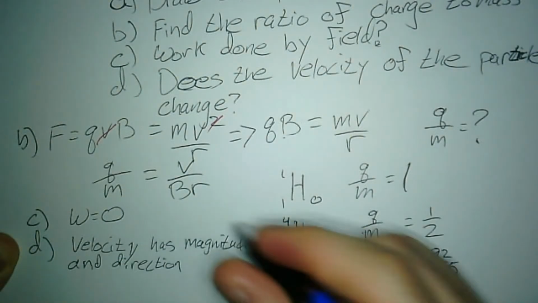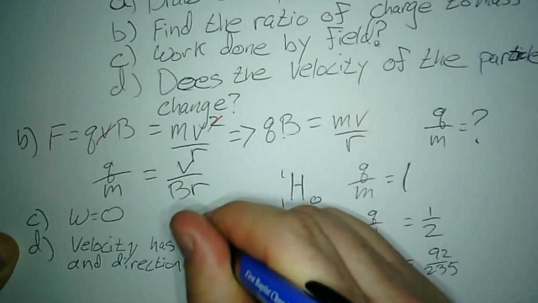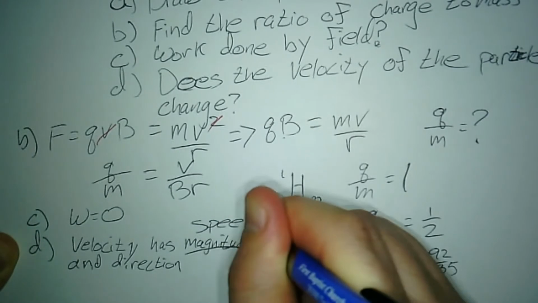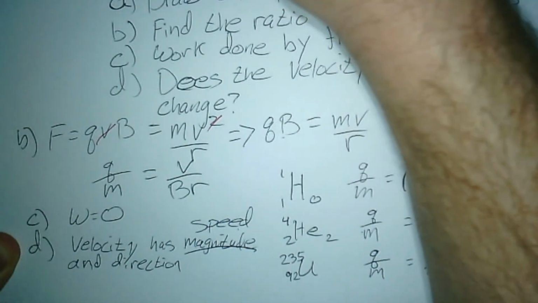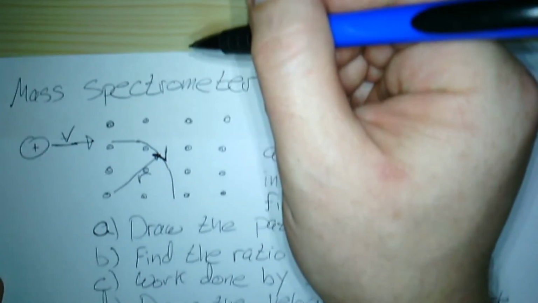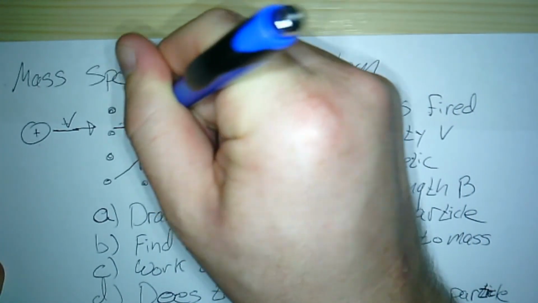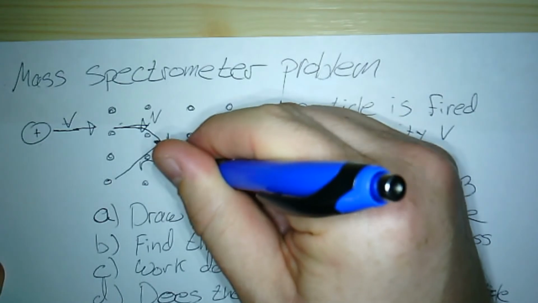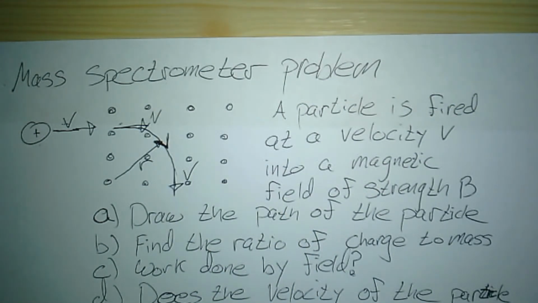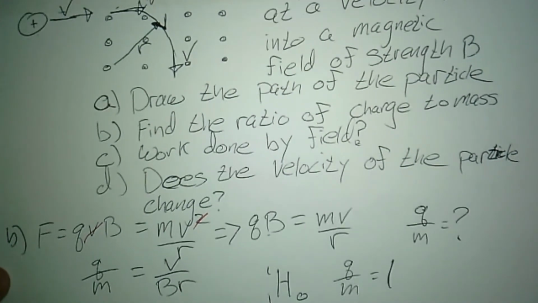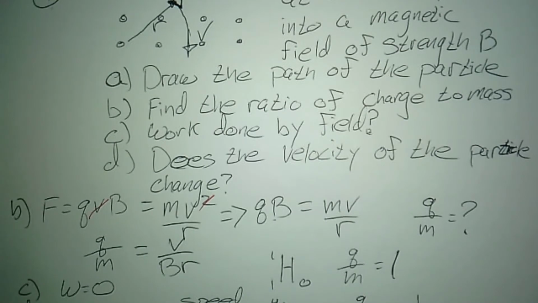Its magnitude is speed, and its speed isn't changing because its kinetic energy is not changing, since you're not doing any work. So the magnitude is constant, but the direction changes. It was going this way, and now it's going that way. So yes, the velocity of the particle changes.